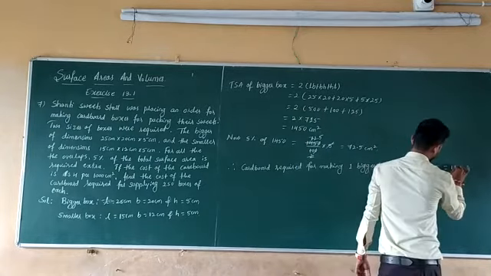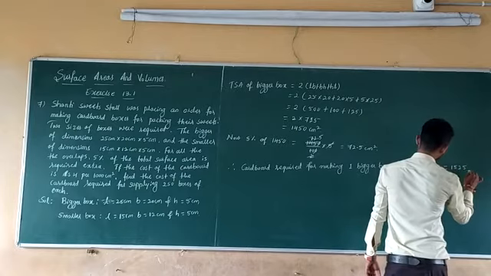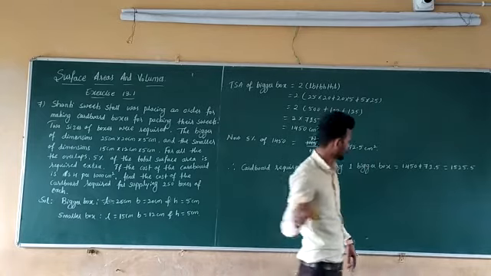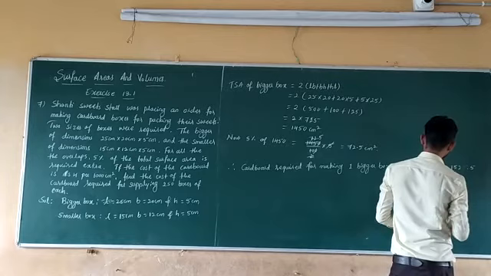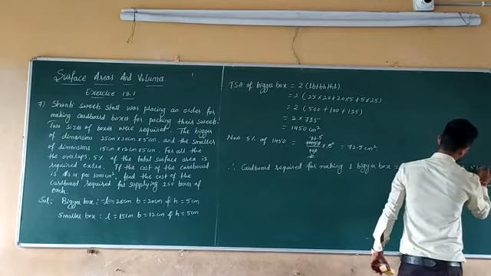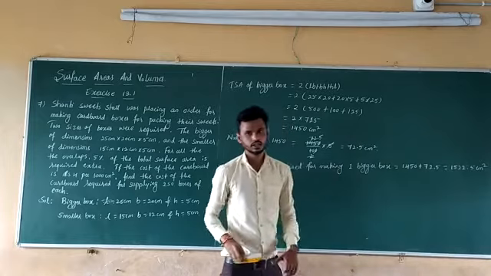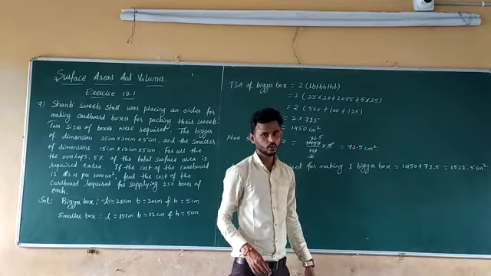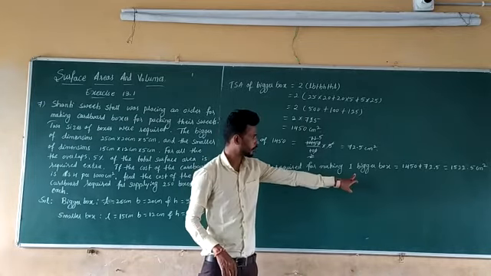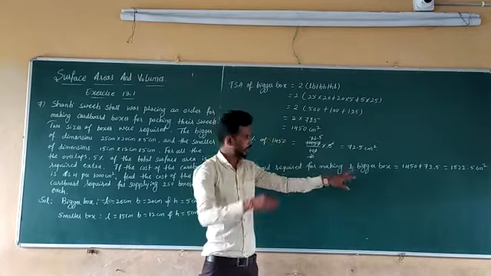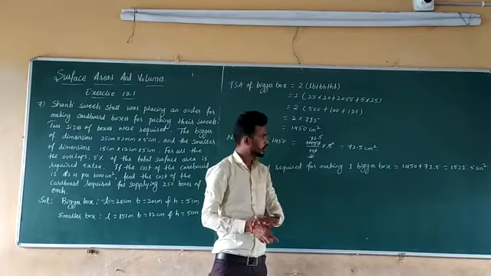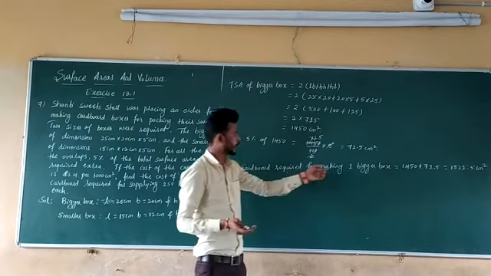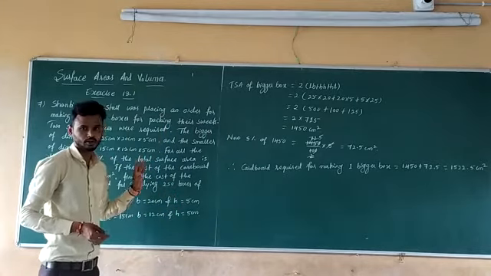You will get, sorry, how much? 1522.5 centimeter square. This is the cardboard required for making one bigger box. Now let us find the total cost of this one. Afterwards, we will find the cost for making the 250 smaller boxes.